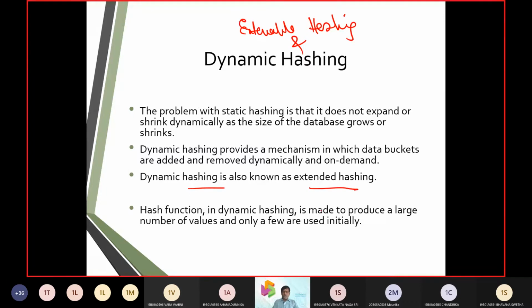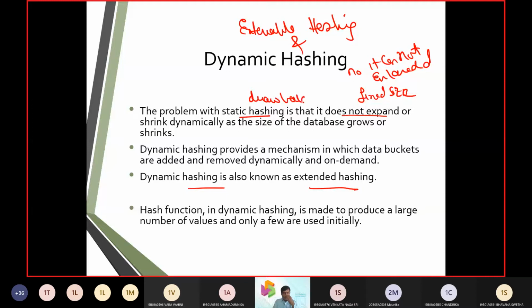This was the first key takeaway. Next key takeaway. What was the problem with static hashing? Size is going to be fixed, so it cannot be enlarged. That was the drawback in static hashing.